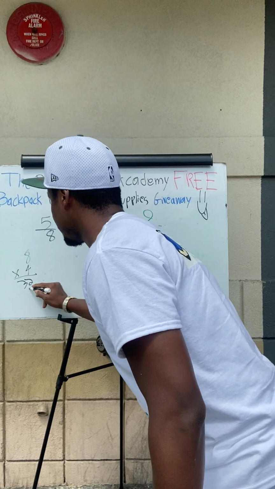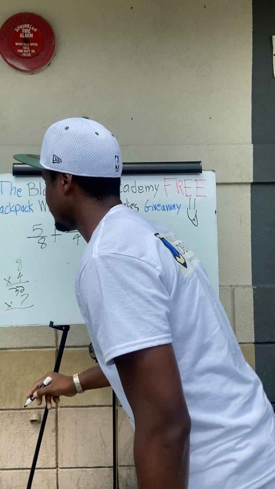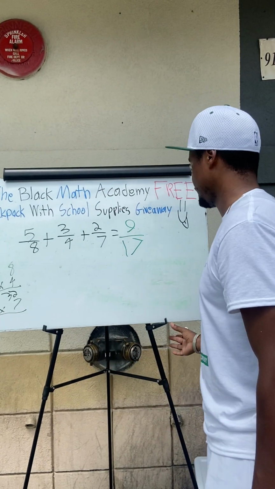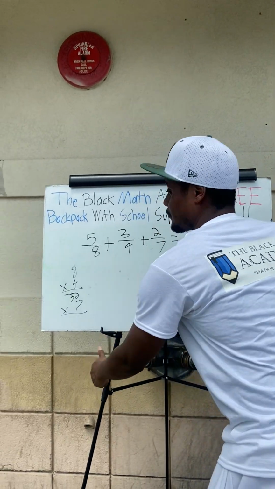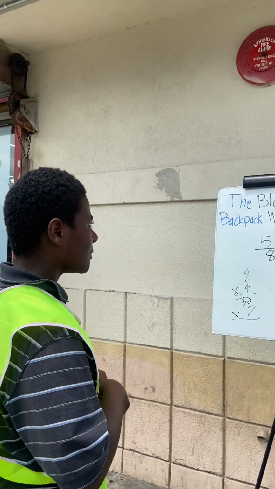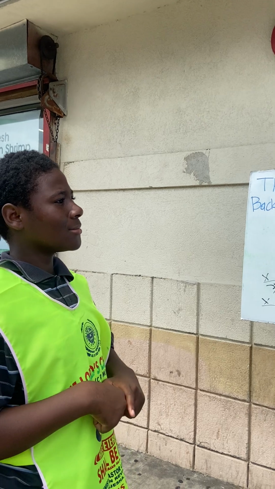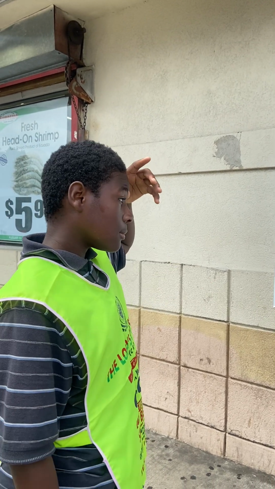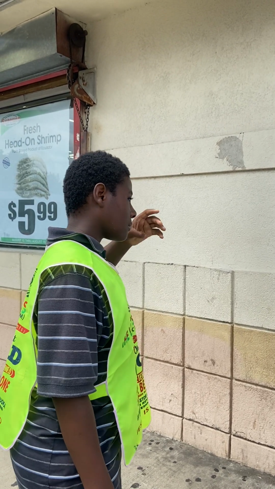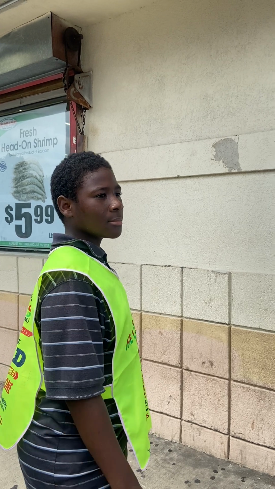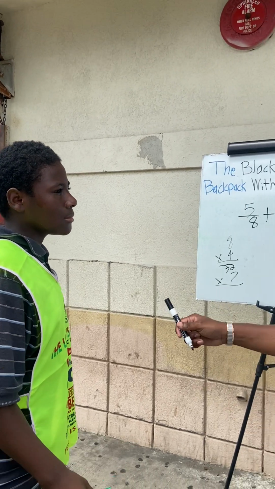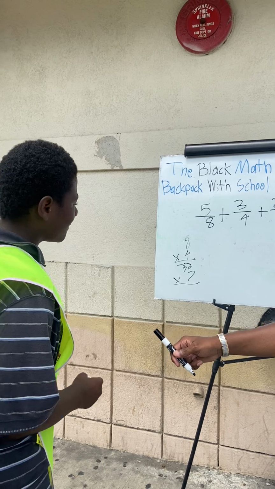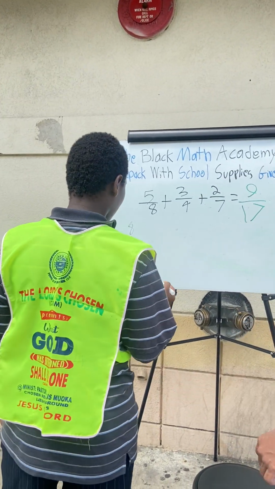So 32 times 7. Write it down. Again, write it down. Be smart, write it down. All this guessing in your head. Why do that?